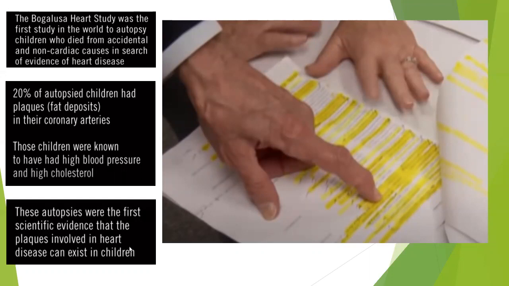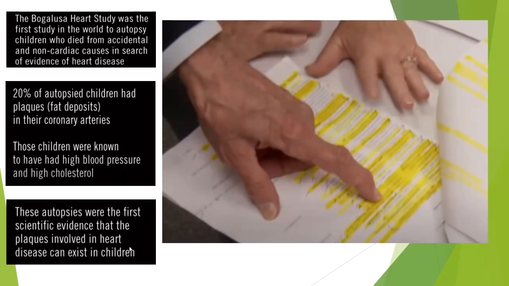And if you have fat deposits on your heart, your heart has to work harder. Why? Because your arteries are narrow. Try pushing fluid through a narrow pipe compared to pushing fluid through a thick, big pipe, right? If you have very good arteries, you don't have to push that hard.